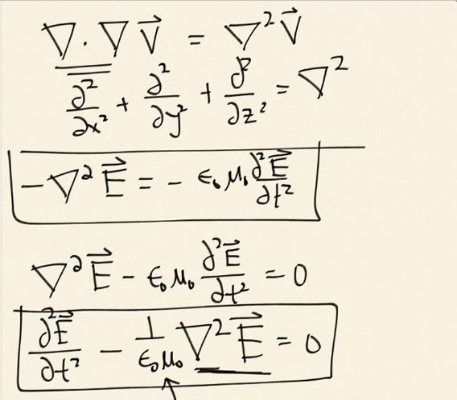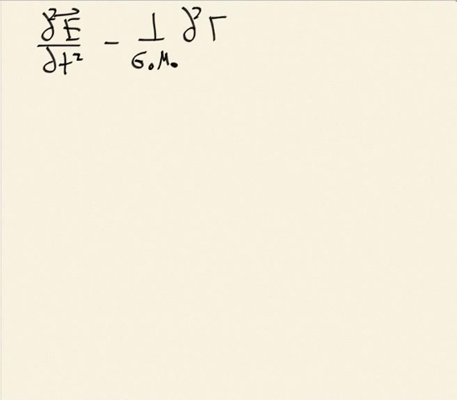So let's take, for example, the z component. We'll assume that these are 0. If we do that, we have what we will call the 1D wave equation, so you have d squared E dt squared minus 1 over epsilon naught mu naught d squared E dz squared equal to 0.